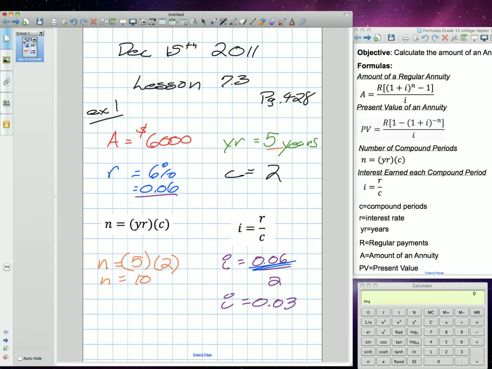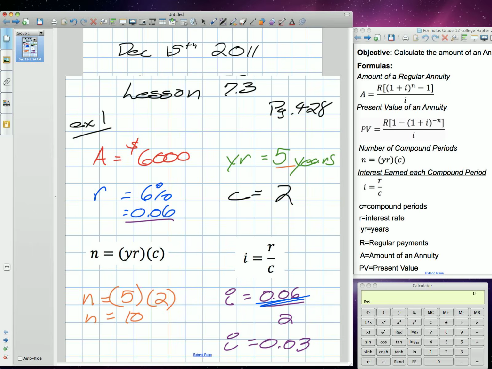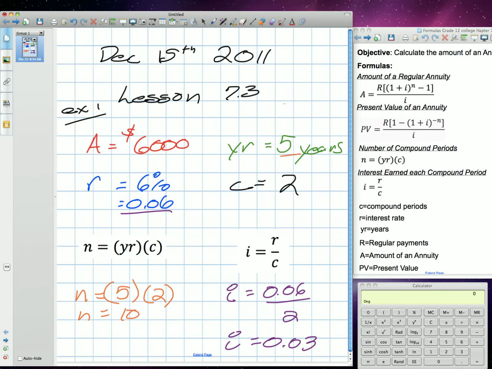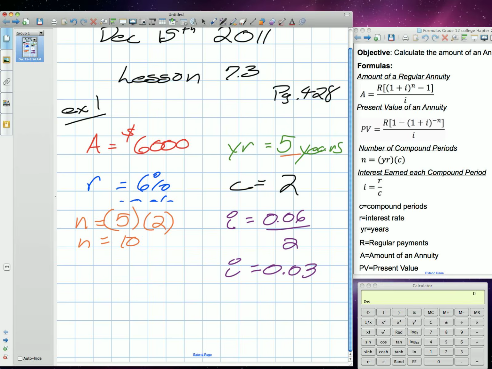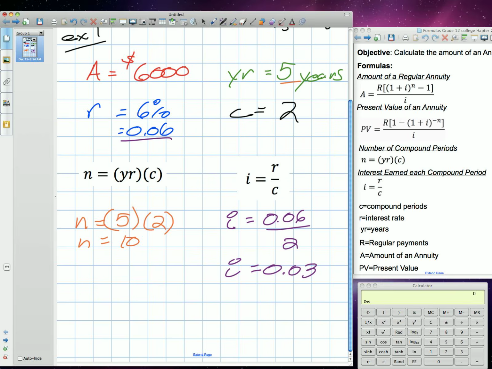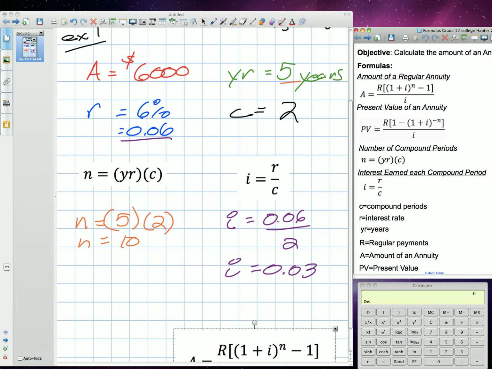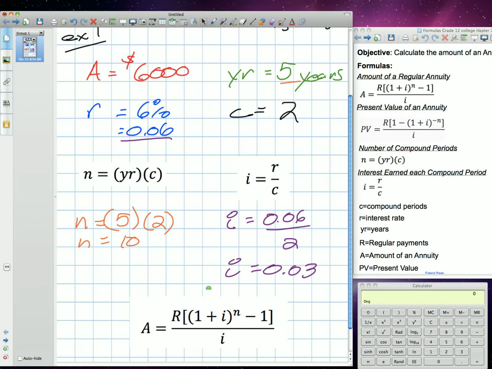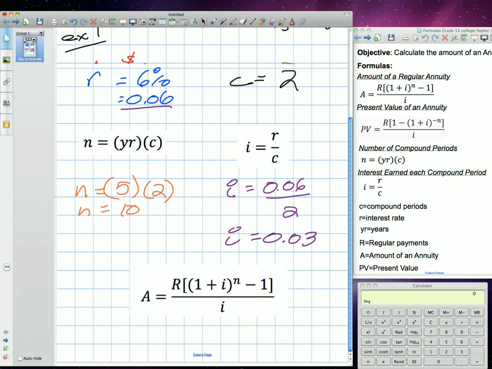So we have all of our variables. We're going to plug them into our formula for an annuity. We're going to take our formula here. And we're going to plug our values in. We have A, which is 6,000. We know that Brienne needs $6,000 at the end of the period of 5 years.